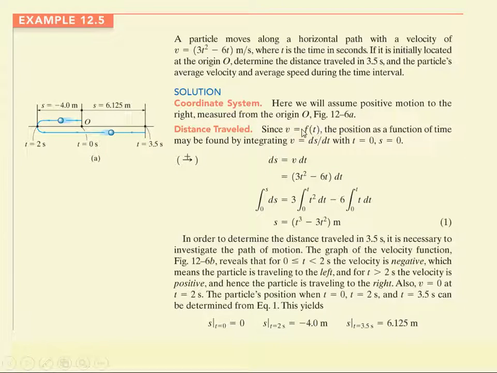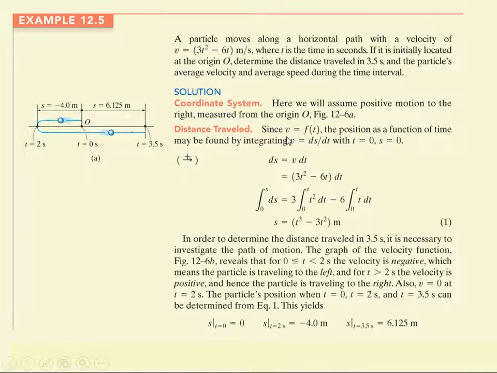So first of all, we need to put a set of coordinate system. We assume that positive motion is to the right measured from the origin O. So any measure from the origin O to the right is positive.